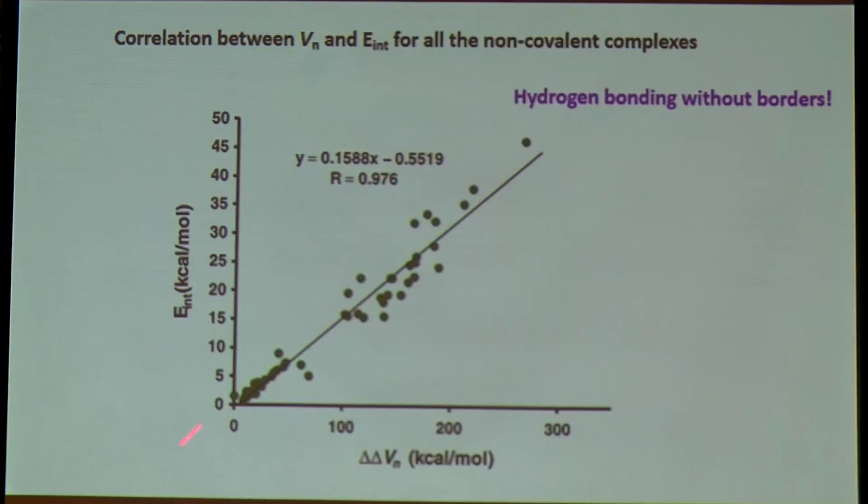The delta change for the donor and acceptor, we correlate. There is a very strong correlation between these two. So you can say that there is hydrogen bonding without borders. So our study also agreed with the first paper that Professor Satyamurthy derived from the electron density studies.